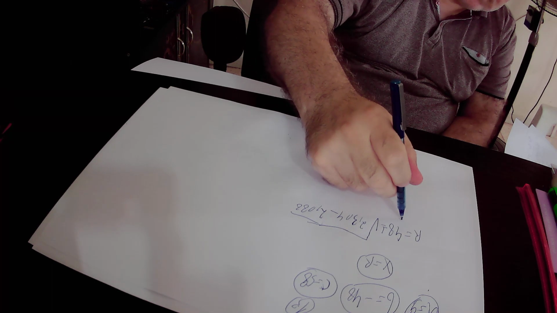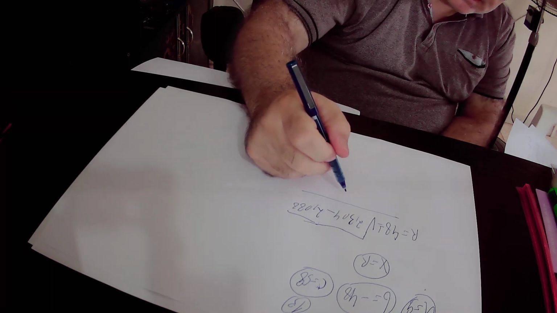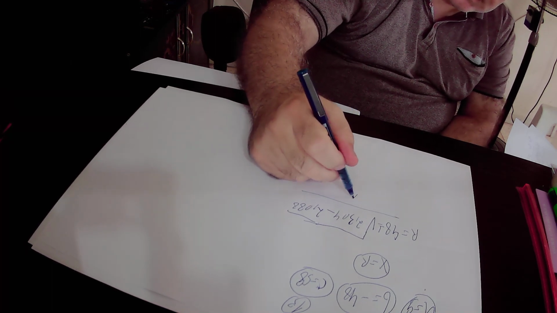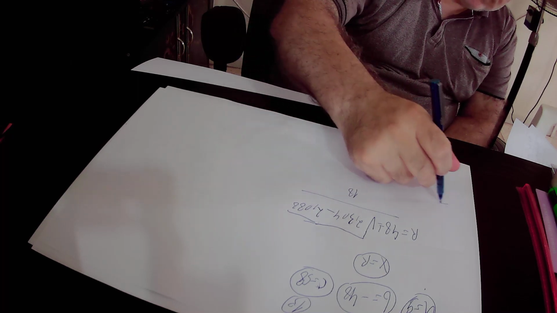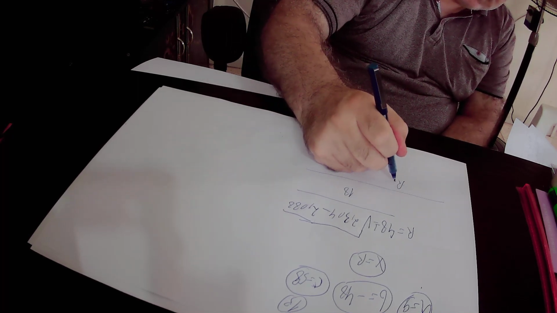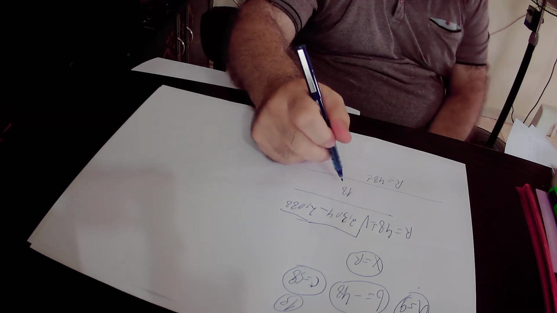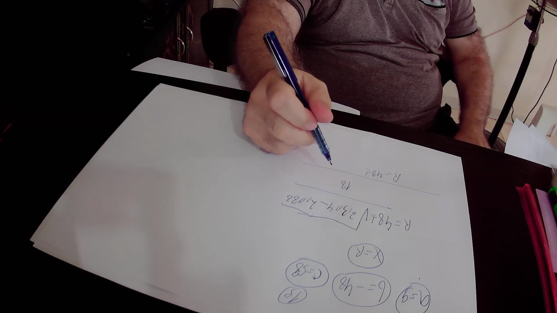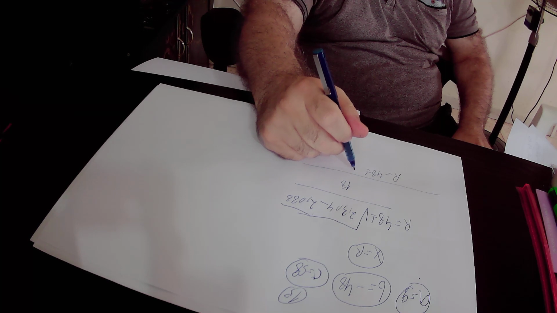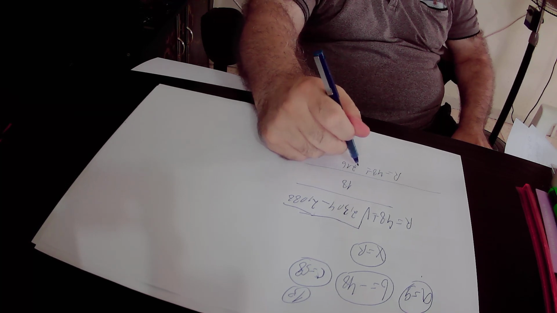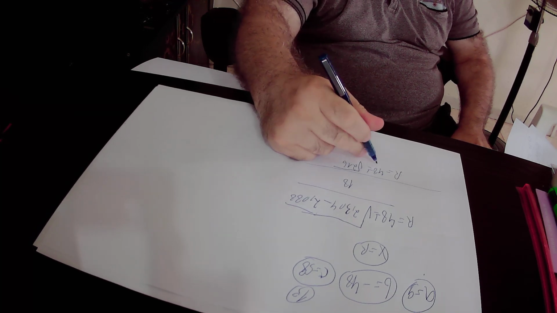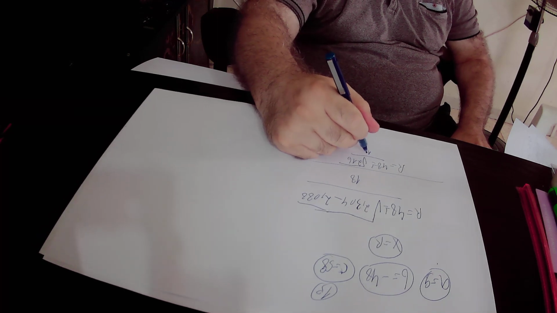All divided by 2a. a is 9, so 2a is 2 times 9, that is 18. So here we get that R equals 48 plus minus the square root of 2,304 minus 2,088, which is 216, so inside the root we are left only with 216, over 18.